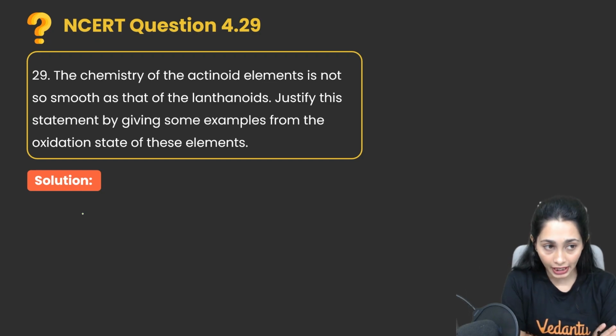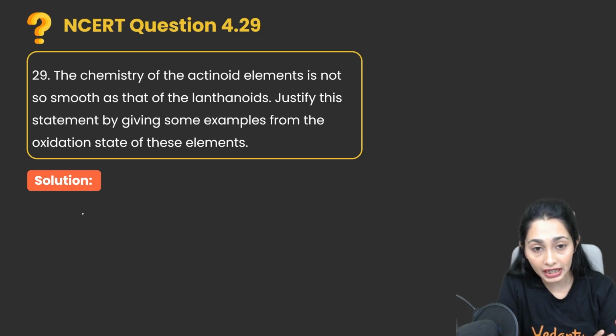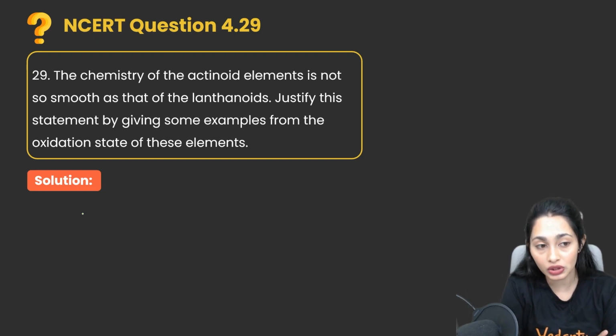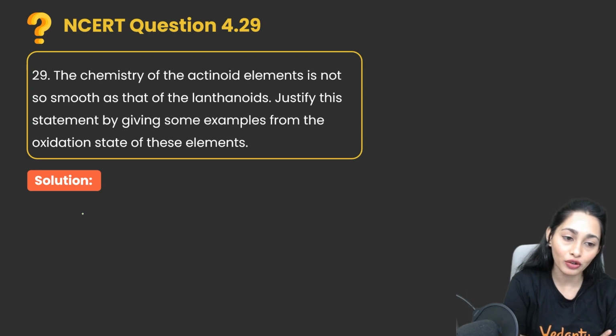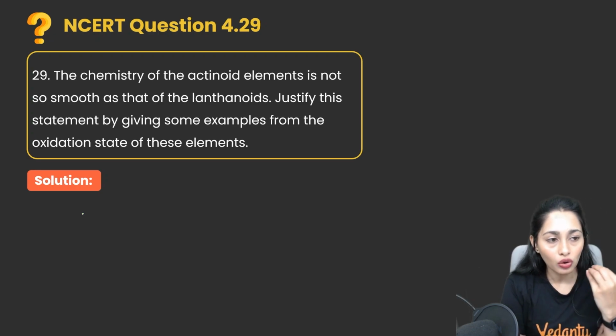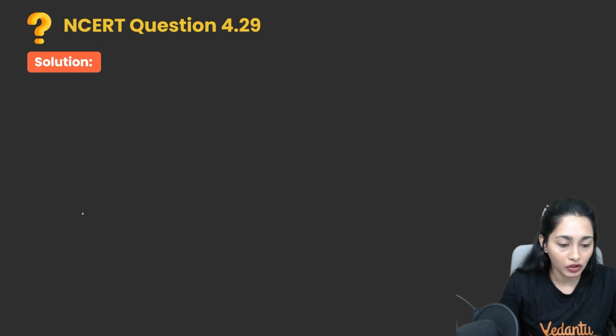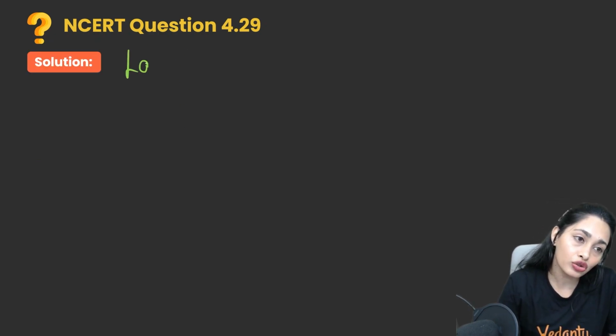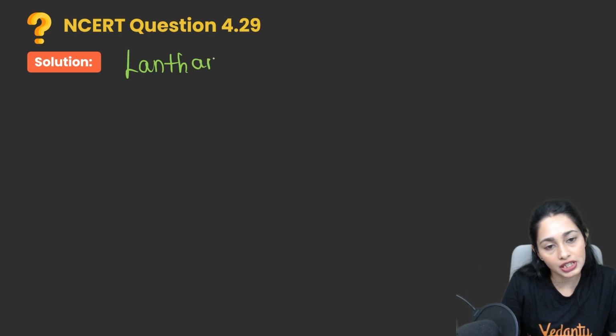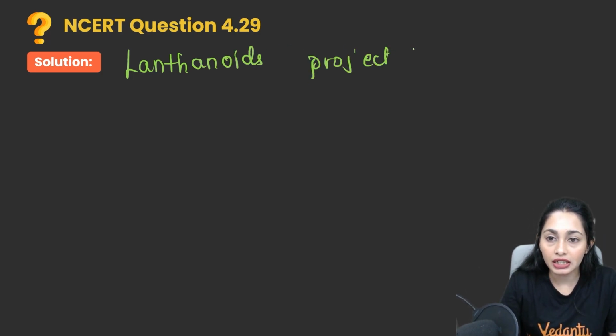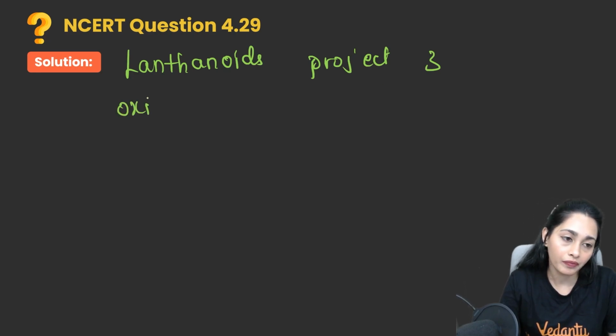Question number 29. The chemistry of the actinoid elements is not as smooth as that of lanthanoids. Justify this statement by giving some examples from the oxidation state of these elements. So, the difference between actinoids and the lanthanoids. So let's start. Lanthanoids usually project 3 oxidation states.